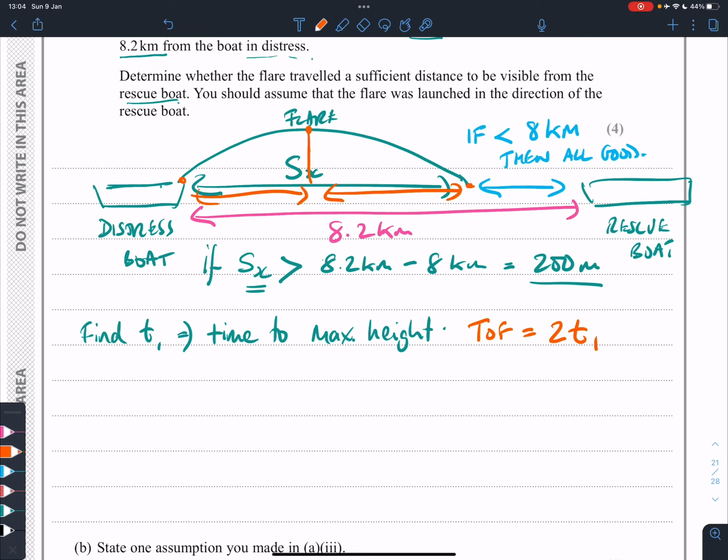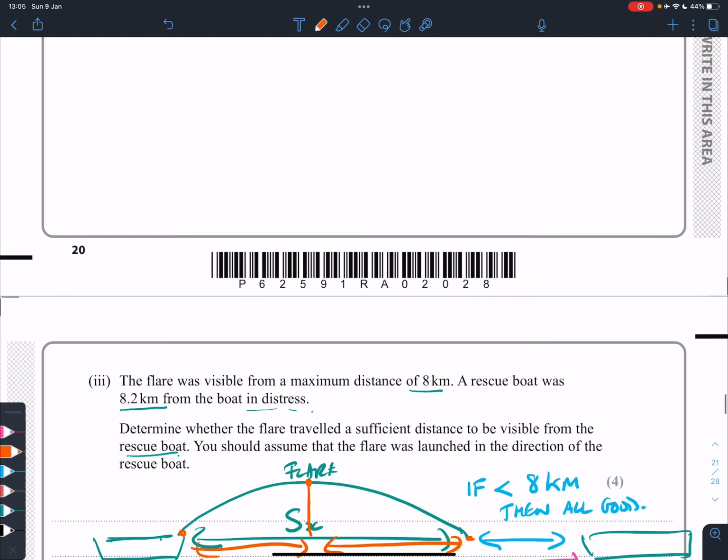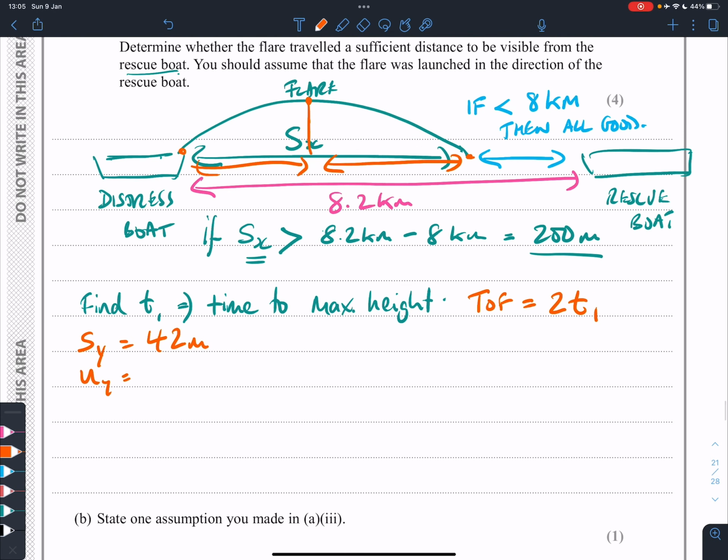Well, we know that the maximum height, distance vertically, is 42 metres. And what else do we know? We know the initial velocity y is equal to 28.7 meters per second.